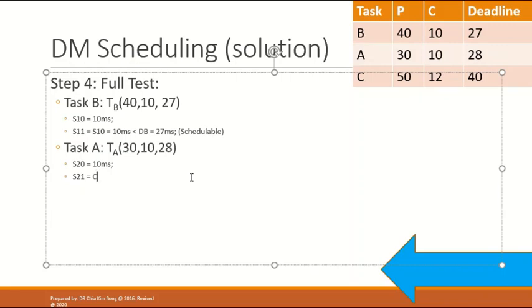So C2 plus C1 with a ratio. This one is a ceiling, so we use the ceiling of S20 divided by your P1. Where's the P1? This is P1, equal to this one. C1 equal to this one.